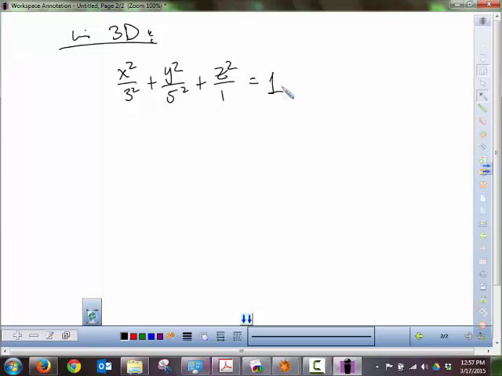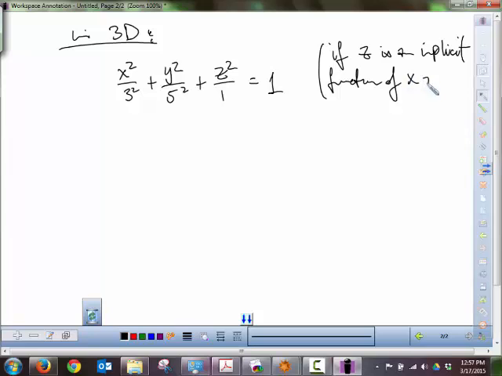So we should also be able to find the derivative of z with respect to one of these two variables, if we think about z as an implicit function of x and y.